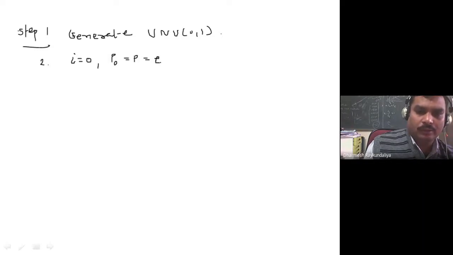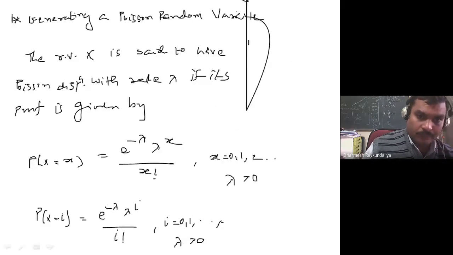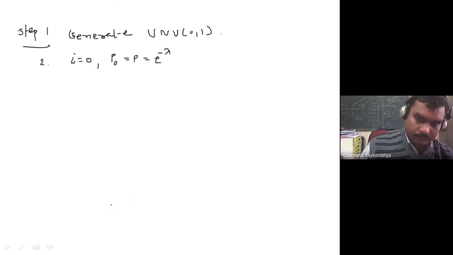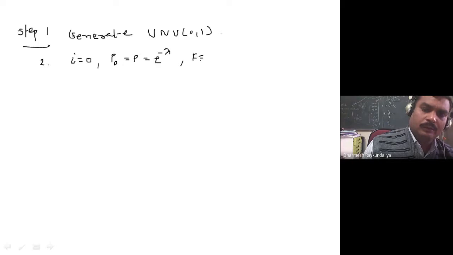It is e raised to minus lambda. You can see that if you substitute I equal to 0, what happens? e raised to minus lambda, lambda raised to 0 upon 0 factorial, it is e raised to minus lambda. And I can call this p. And that is nothing but the cumulative probability at I equal to 0.